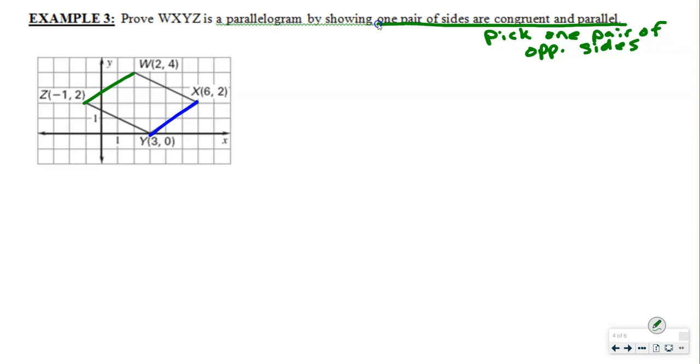So first, I want to find the slope of ZW. Remember our slope formula, rise over run, our y's subtracted over our x's subtracted. So 4 minus 2 on top, 2 minus negative 1 on the bottom.